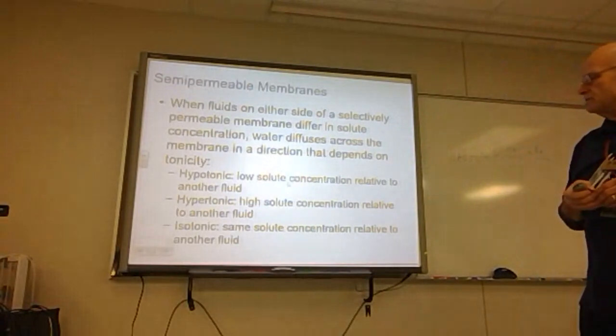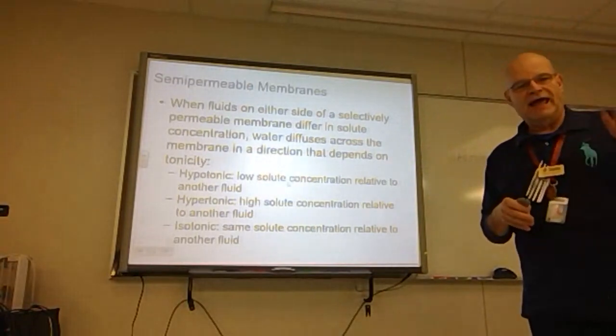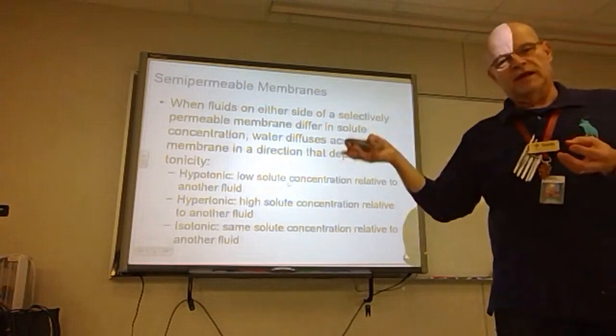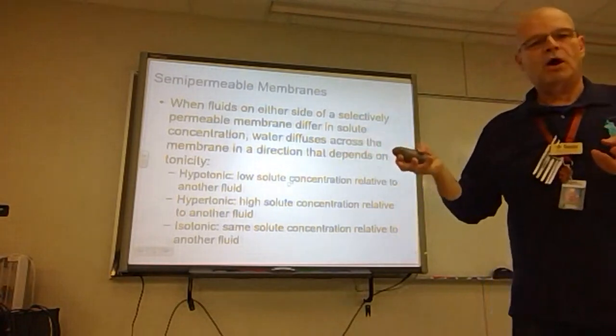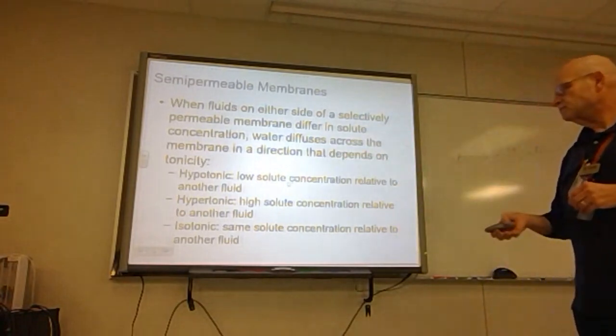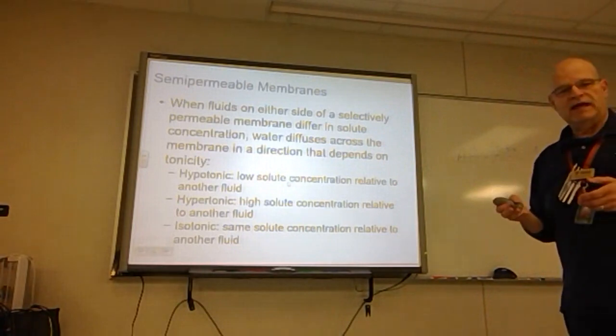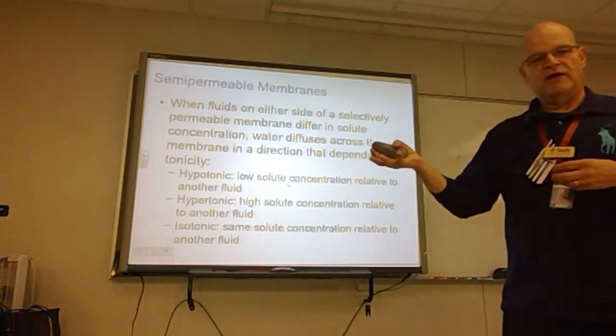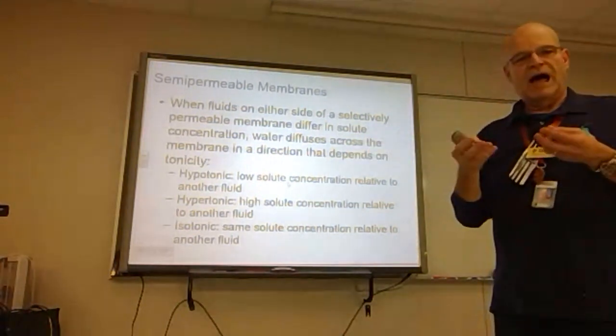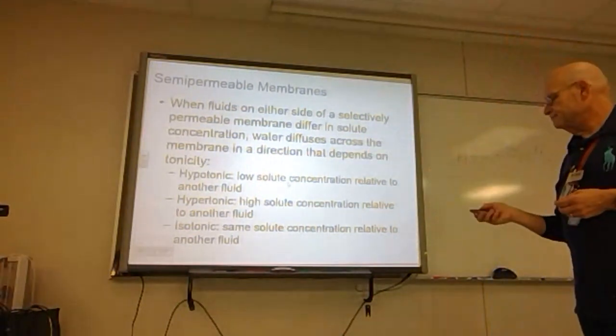If the solute concentration is the other way, if you've got 8 in the cell and 3 in the environment, then the cell is hypertonic to the solution. An isotonic solution is where the solutions are the same. You got 5% in the cell, 5% outside the cell, boom, isotonic relationship.